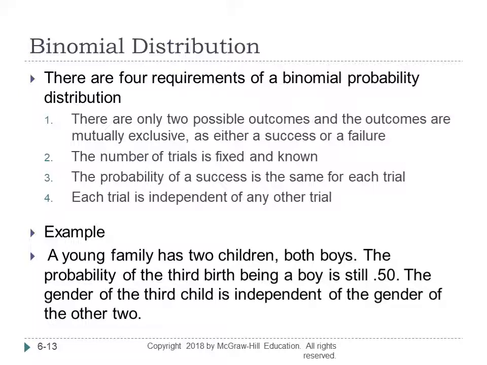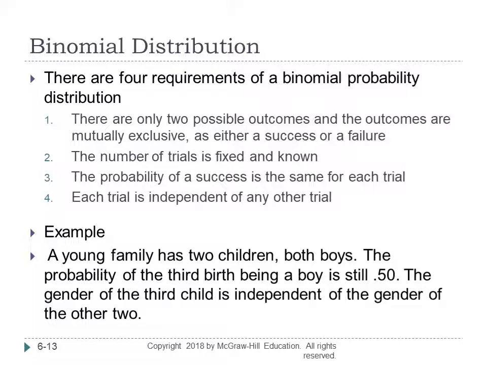For that same example, every time you toss the coin, the probability of getting a head, which is success, stays the same, which is 0.5. Each trial is independent of any other trial, meaning the result that you get from any given trial has nothing to do with, or is not affected by, the outcome of any other trial.